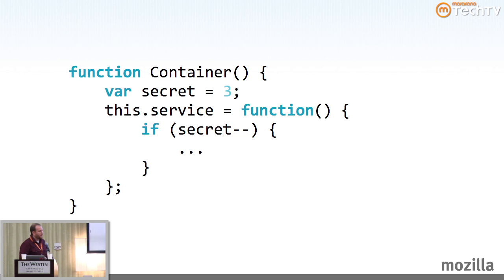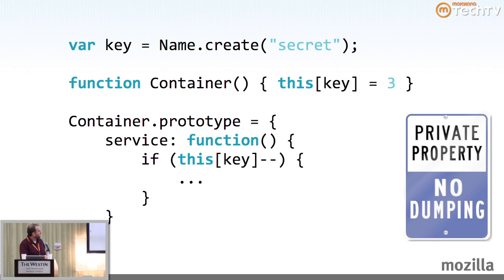So in one of the proposals for the next version of JavaScript, we've introduced the notion of a private name or a private key. So here at the top, I can create this key data structure, which is a special property name that's not a string. So it's not forgeable. You can't guess it. So somebody else who doesn't have access to this key has no way of knowing what the key is.